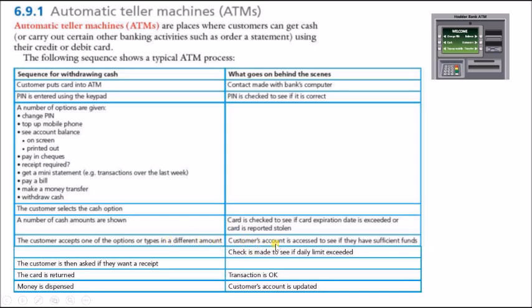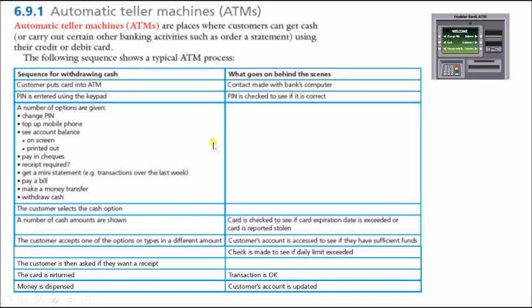Then the customer's account is accessed to see if they have sufficient funds. A check is made to see if the daily limit is exceeded. Then the customer is asked if they want a receipt. Now the card is returned, the transaction is okay, money is dispensed and the customer account is updated.